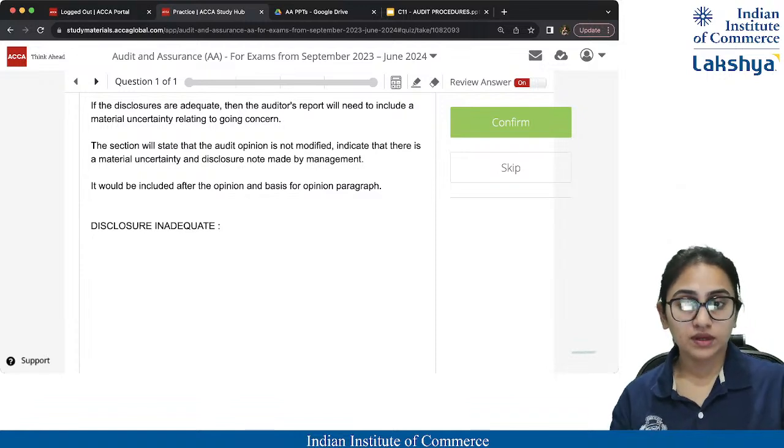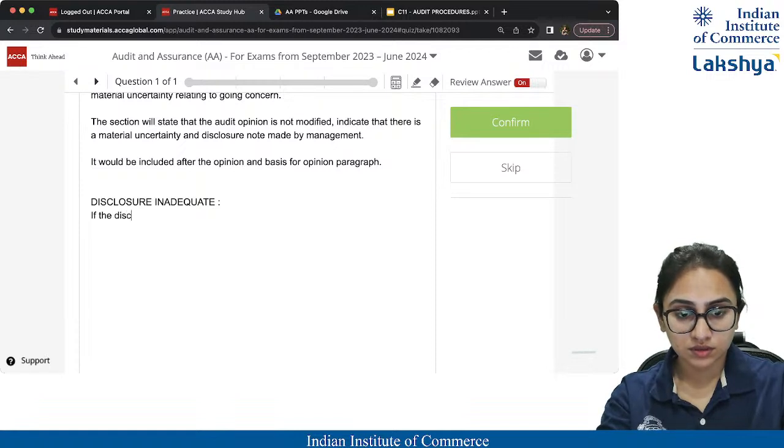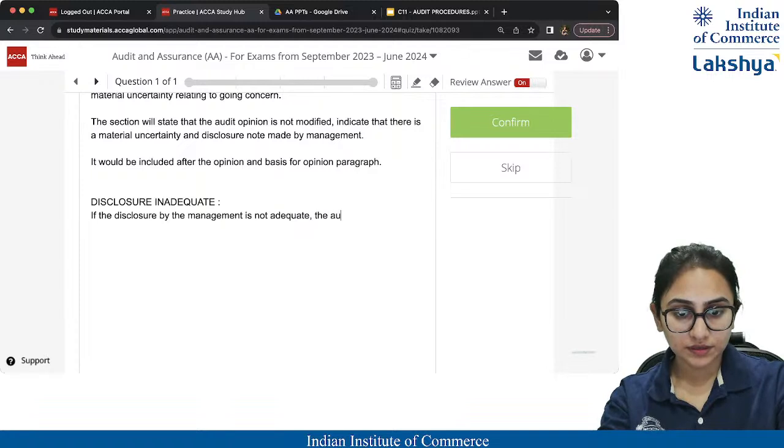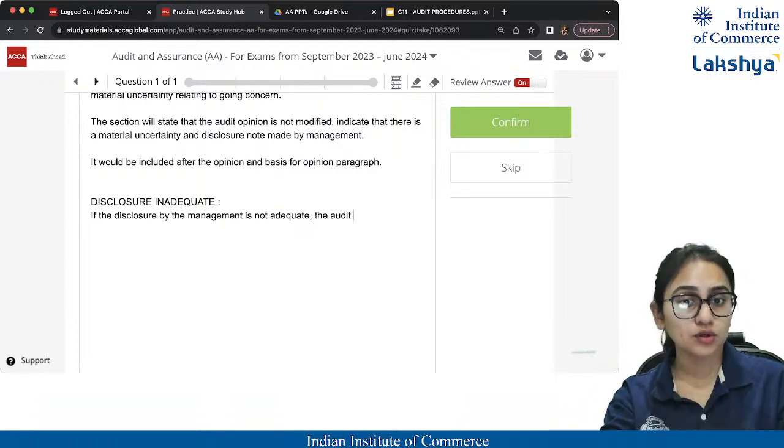So if the disclosure by the management is not adequate, the audit opinion will be modified. There the disclosure was adequate, so it was not modified.